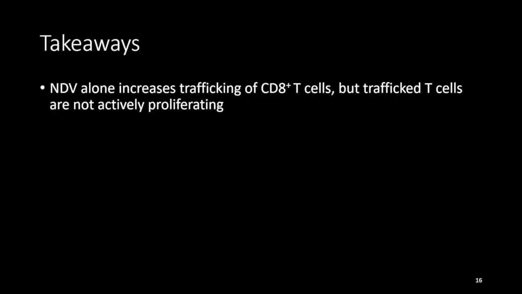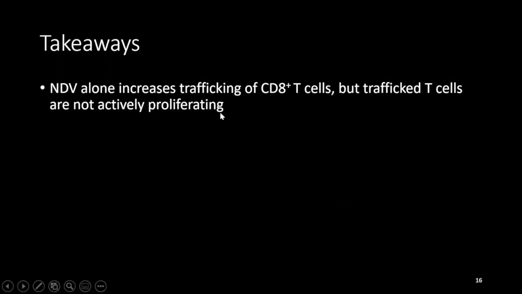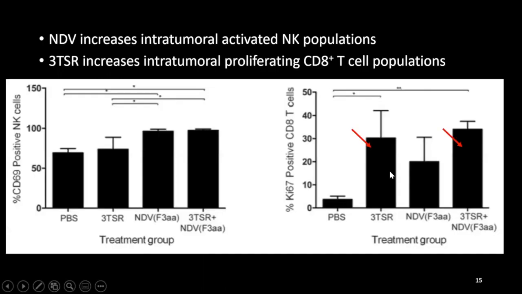So the takeaways from this series of experiments were that the oncolytic virus alone did increase the trafficking of CD8 positive T cells, but that the trafficked T cells are not actively proliferating. Again, there's no statistical difference. Even though they look pretty similar, I'm guessing this error bar goes quite far down.